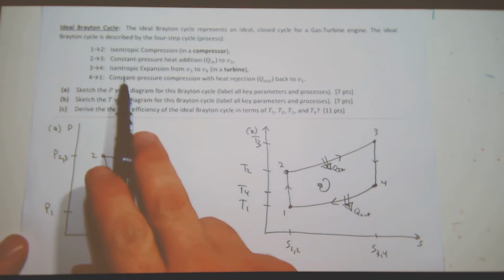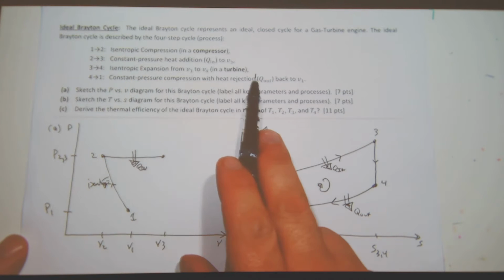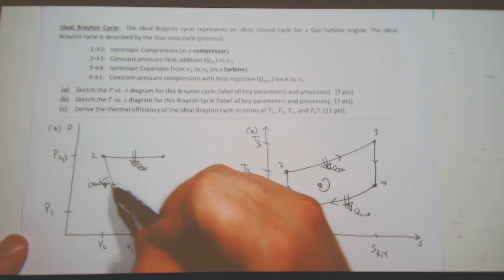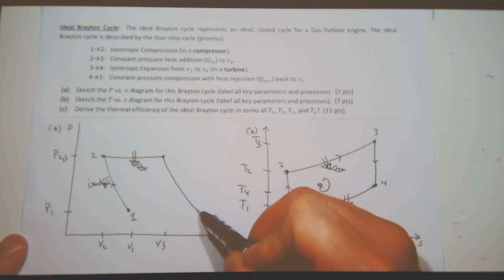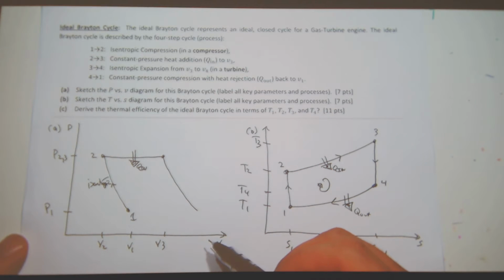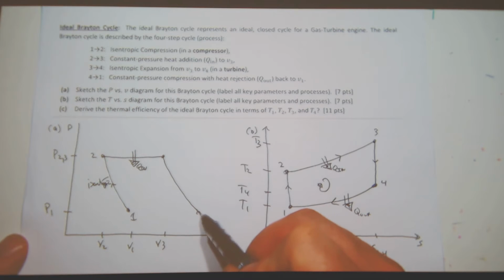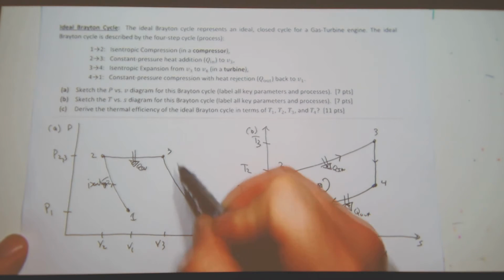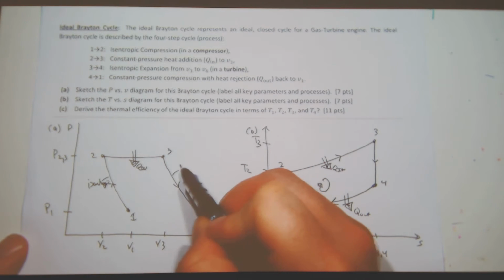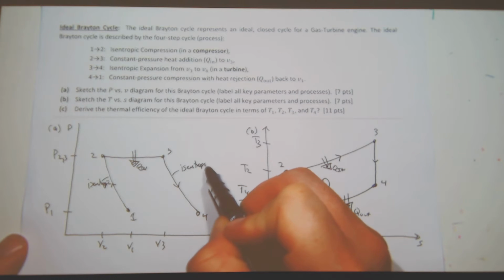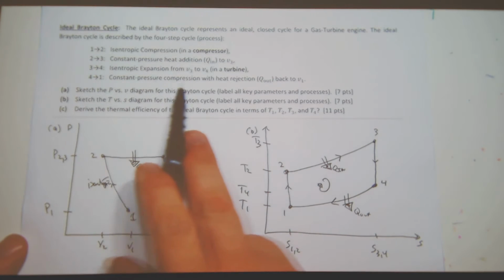Okay. Now I have isentropic expansion. So I'm going to follow the same type of path. And then constant pressure compression.